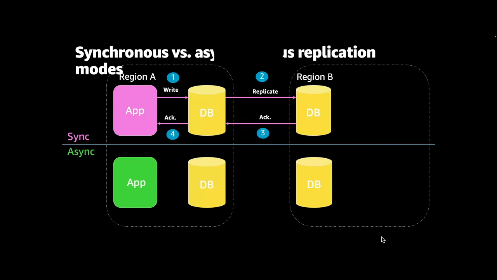Because the customer needs to wait until the data is fully replicated into the second region, as opposed to an async architecture where right after the customer posts the request, it receives the acknowledgement, and then the replication is done in just a matter of seconds or even milliseconds, as you can find with Aurora global tables.